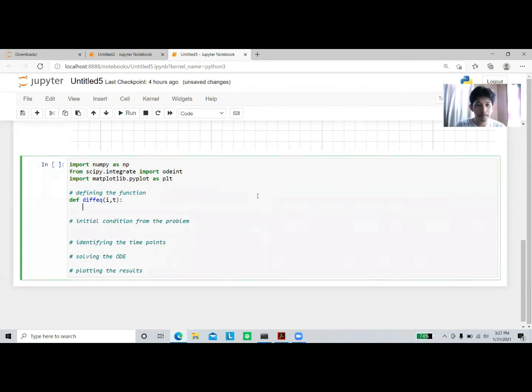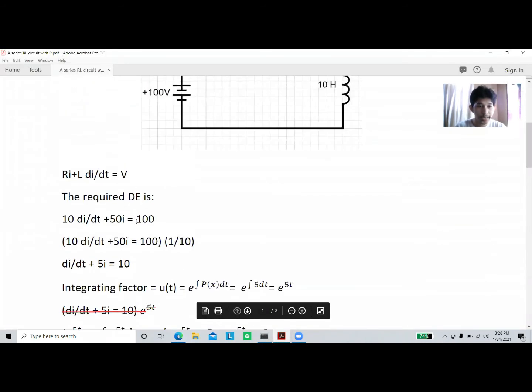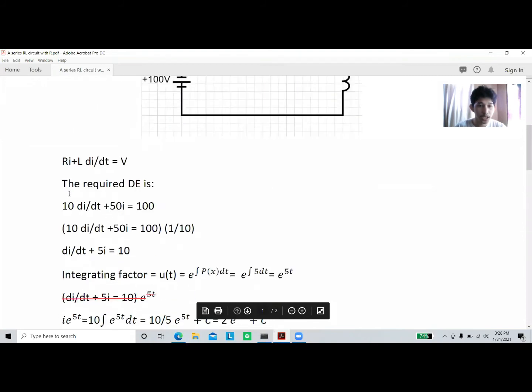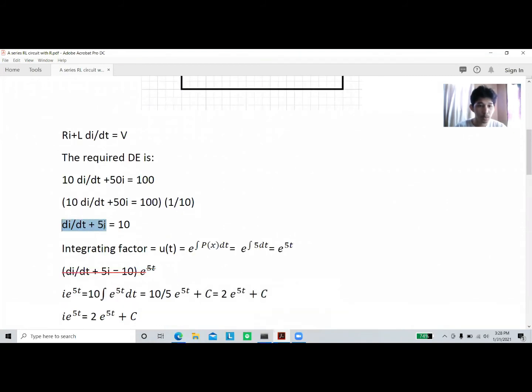So our di over dt, or our ODE, is equal to 10 minus 5 times I. This one is obtained from the equation that we had earlier, the equation of the RL circuit: di over dt plus 5i equals 10.